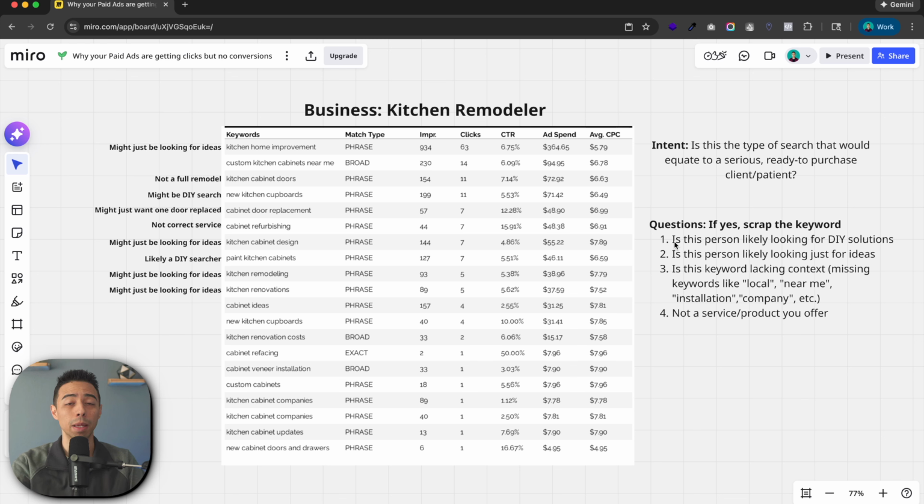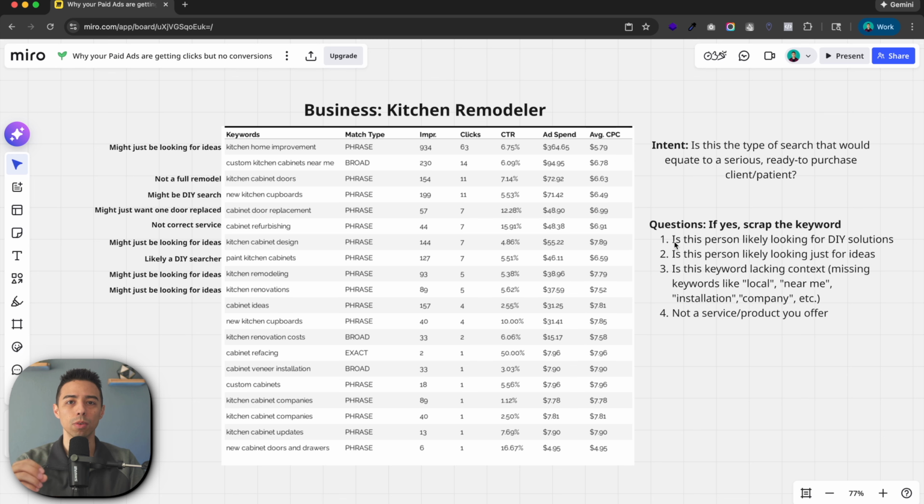They might be looking for ideas on Pinterest or something like that. So again, their goal is to get some ideas and brainstorm and come up with what they want to potentially move forward with in the future, but they might not be ready to actually start working with a business to get that done in their home, or maybe they're actually wanting to do it DIY, and so they're just looking for some ideas there.